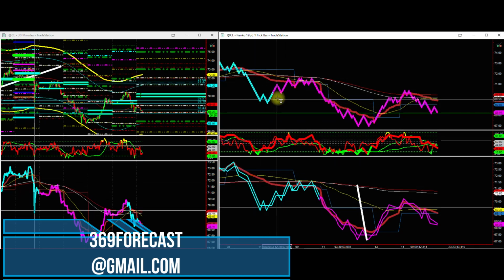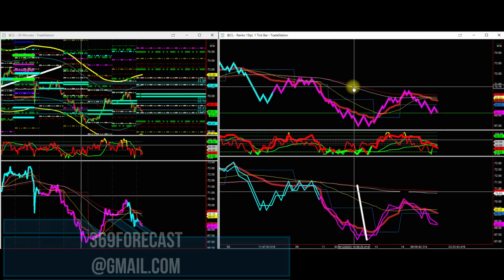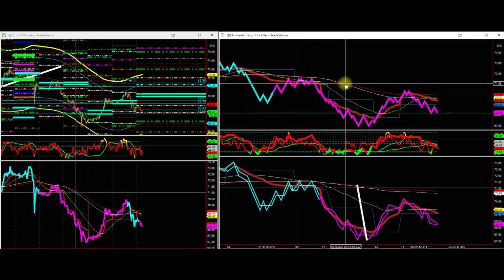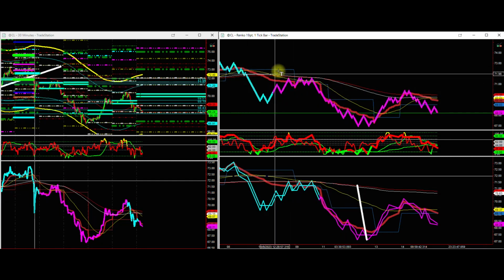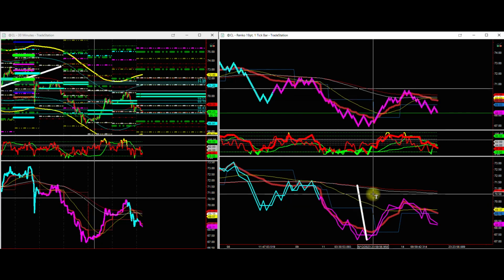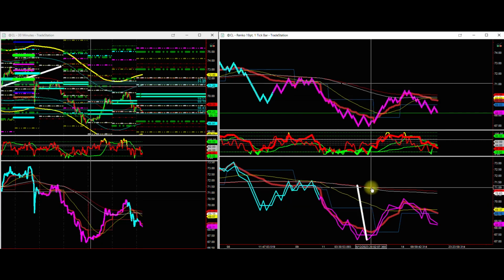So this is VWAP and moving averages of VWAP 30, 120, 160. The top one is based on 19-point Renko, the bottom one is based on 38-point Renko.